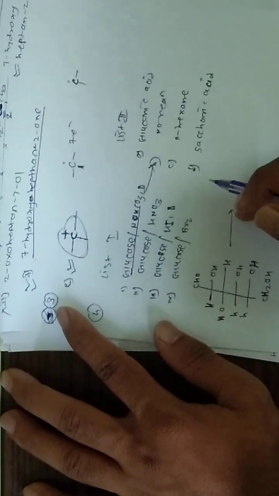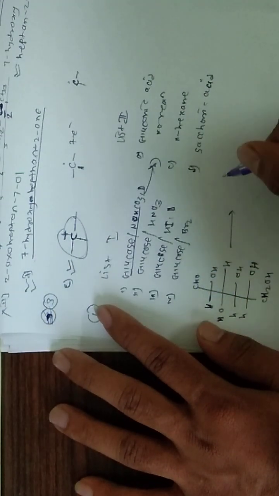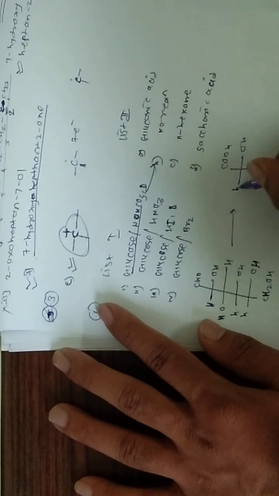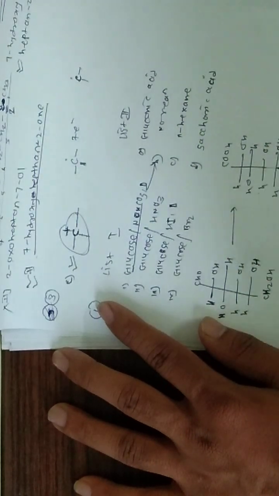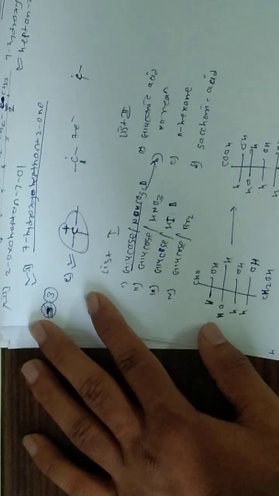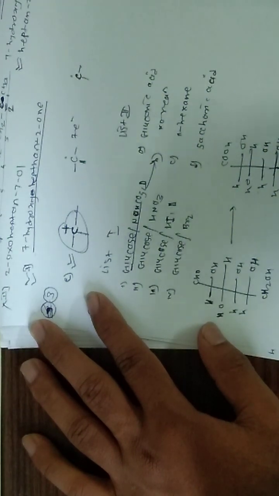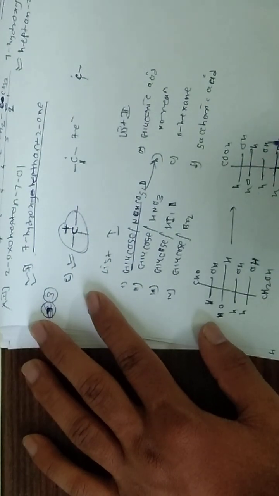Here CHO is also converted to carboxylic acid, the OH groups remain the same, and the CH2OH primary alcohol is also converted to carboxylic acid. Only the secondary alcohols remain the same. So the name of that compound is saccharic acid.